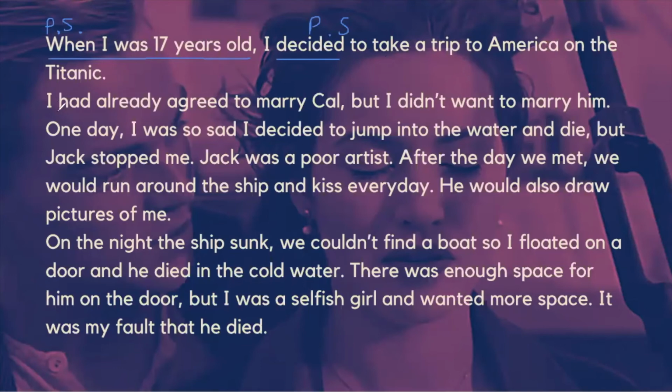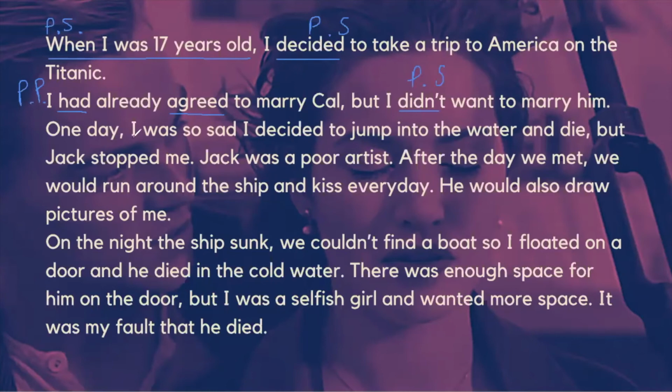Now she wants to tell you about an action before this story happened. So this action uses past perfect: I had already agreed to marry Cal. And then she returns to the past of the story, but I didn't want to marry him. So past simple again.